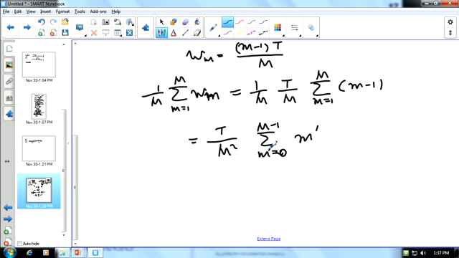So that's the summation of integer numbers, and we have a simple equation for that: M times (M minus 1) over 2.